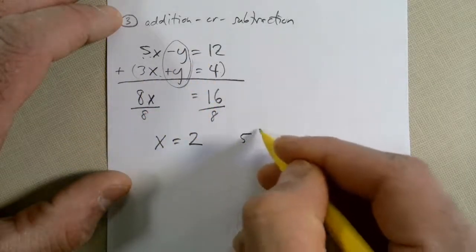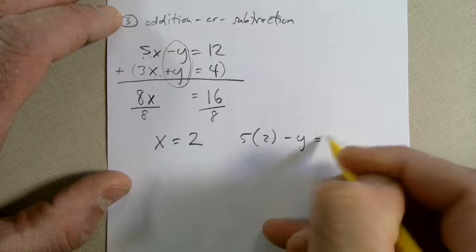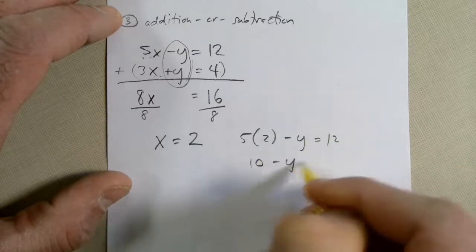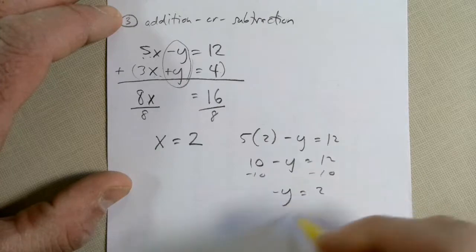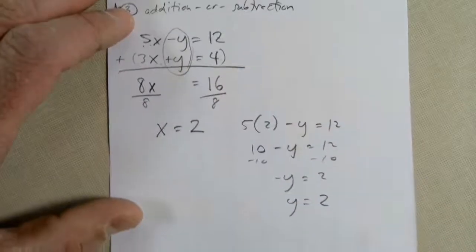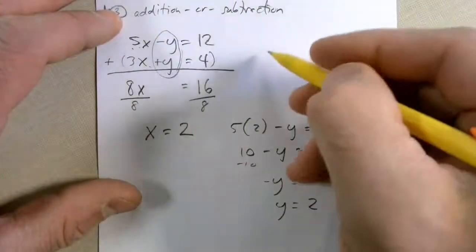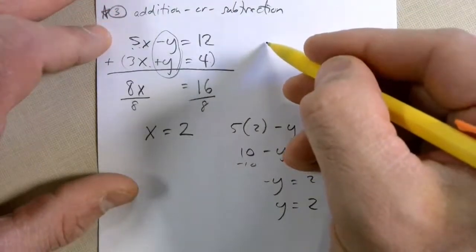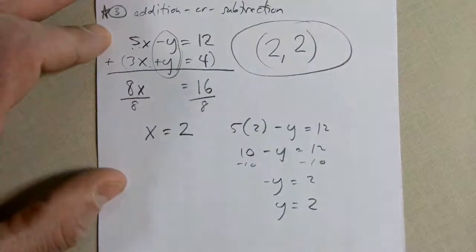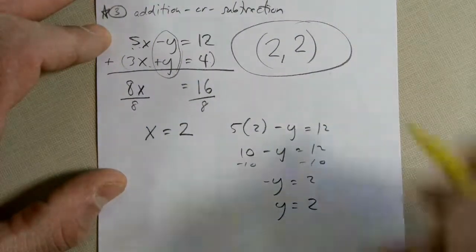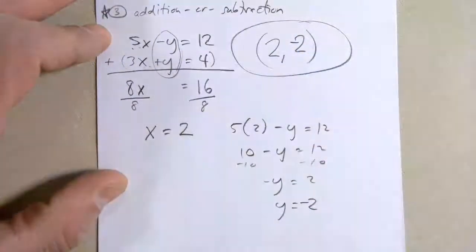So 5 times 2 minus y equals 12, 10 minus y equals 12, minus 10 minus 10, negative y equals 2, y equals negative 2. So the solution set to this first system is 2, negative 2. X equals 2, y equals negative 2.